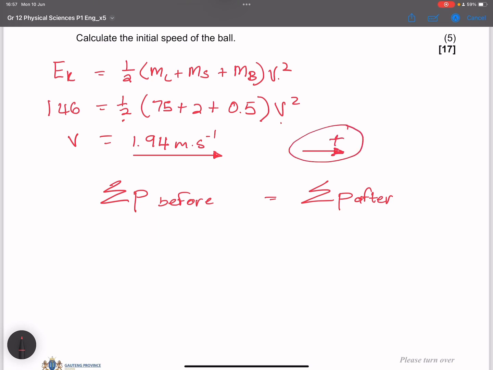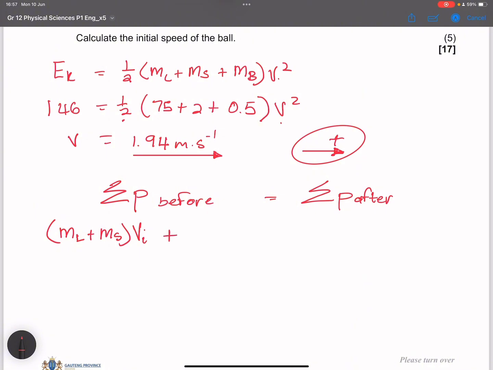Very important for us to choose a direction there. You'll see where it comes in. So initially, we had the boy or the learner and the skateboard moving together, and this is the initial velocity.